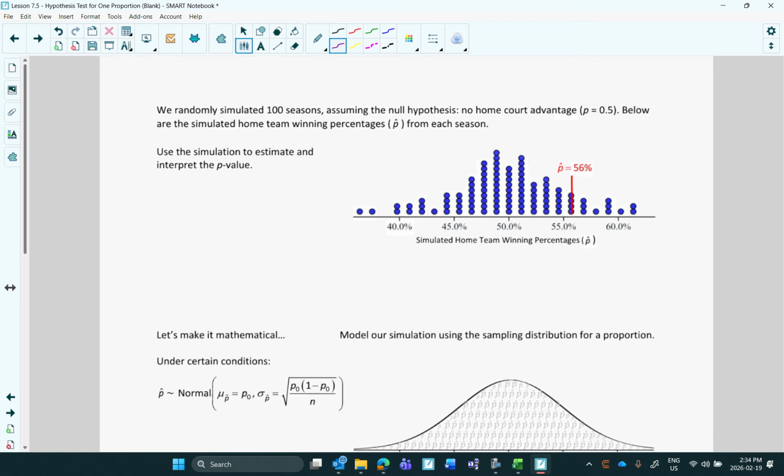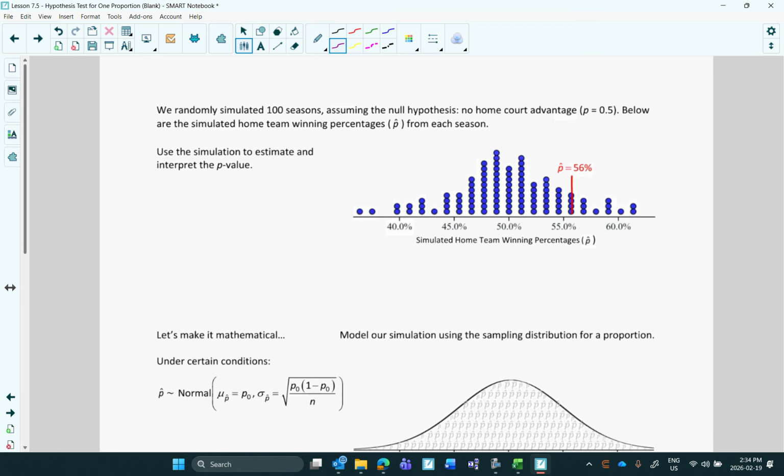If we're assuming it's 50-50, we want 44 home team wins and 44 away team wins, and then we draw. Out of what you draw, you're not necessarily going to get 44 and 44. You may get 47 and 41. So this is what happened when the simulation was done.